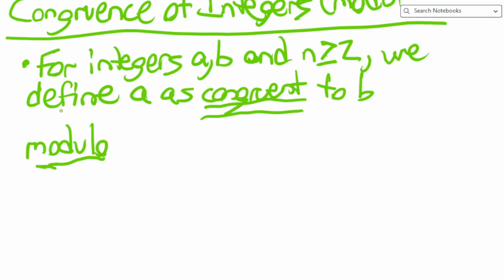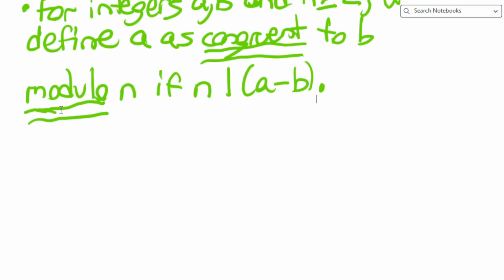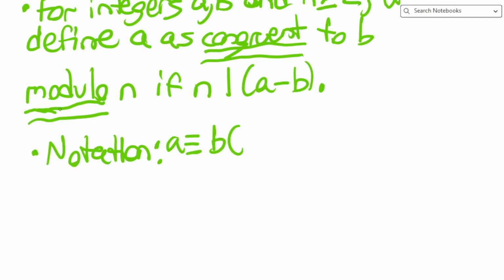Just going to underline these because these are important words to understand for this topic. And this is if n is divisible by a minus b. So the notation for this is a is congruent to b mod n.